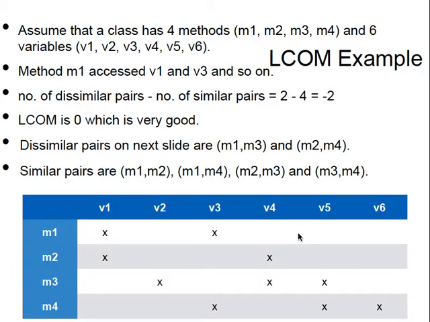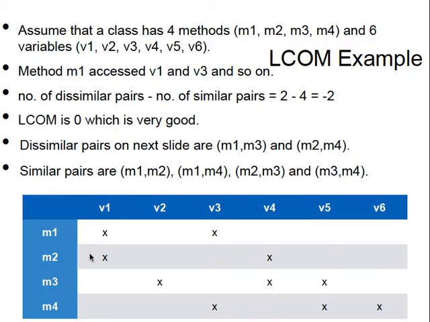So let's look at this example. In this example, we have 4 methods and 6 variables. Method 1 uses variable 1 and variable 3. Method 2 uses variable 1 and variable 4. Now, let me ask you, are M1 and M2 similar or dissimilar?